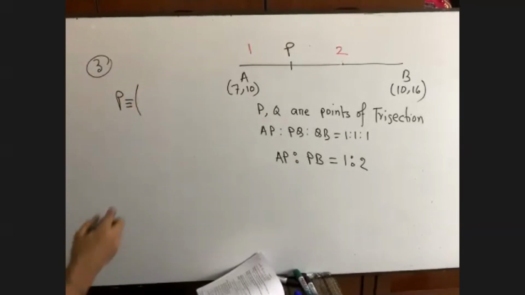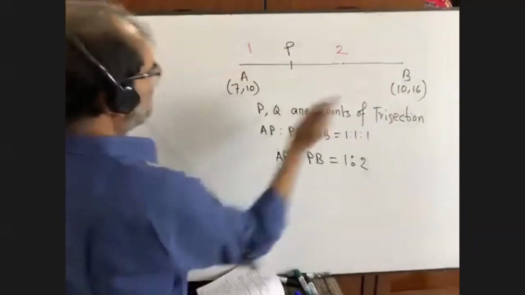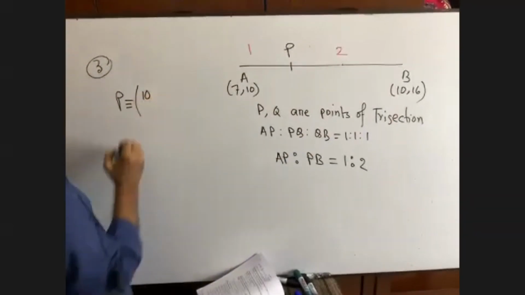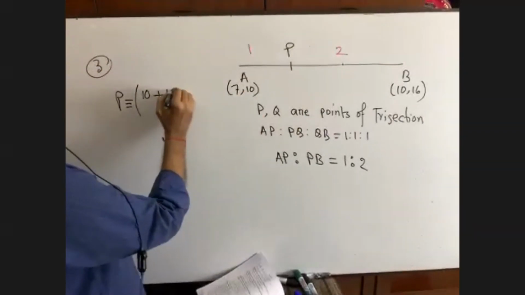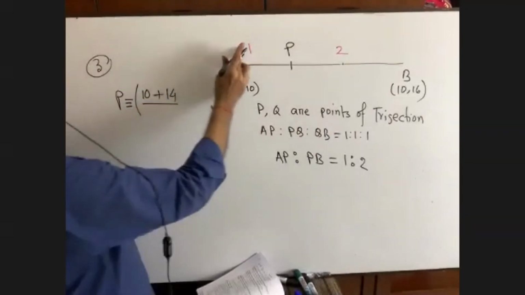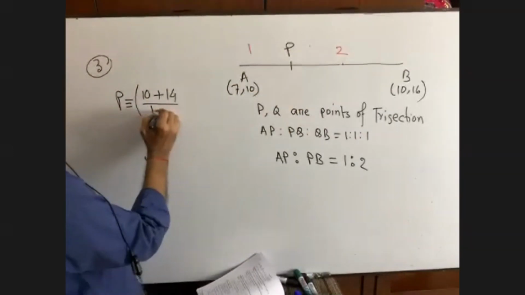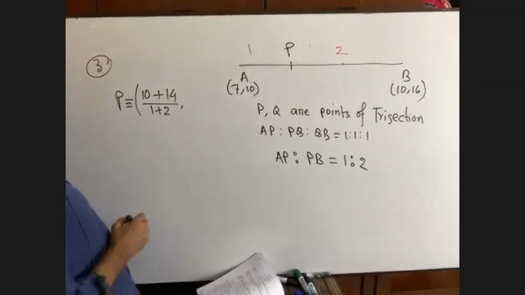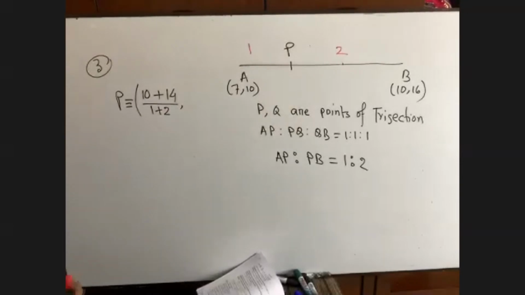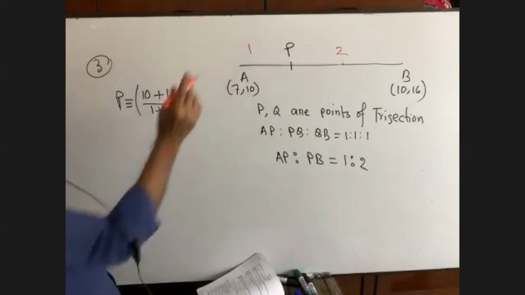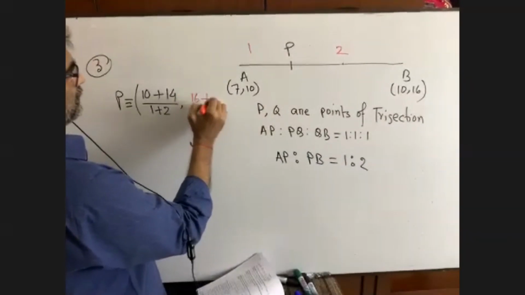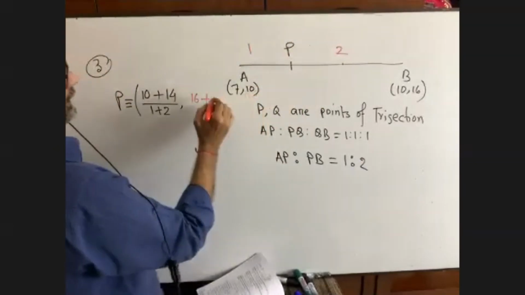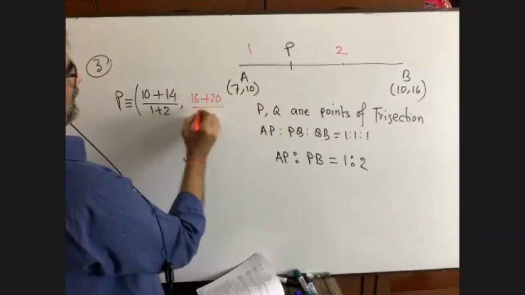1 into 10 is 10, plus 2 into 7, 14, by 1 plus 2. Are you getting it or not? Yes, sir. 1 into 16 is 16, plus 2 into 10 is 20, by 1 plus 2.